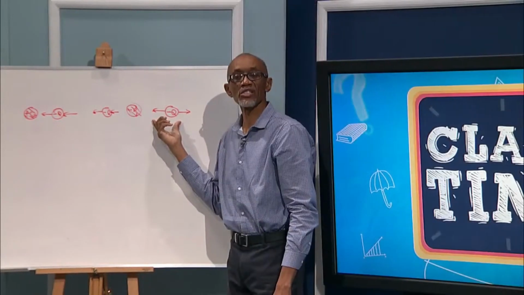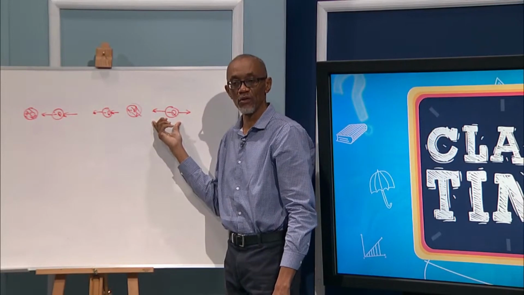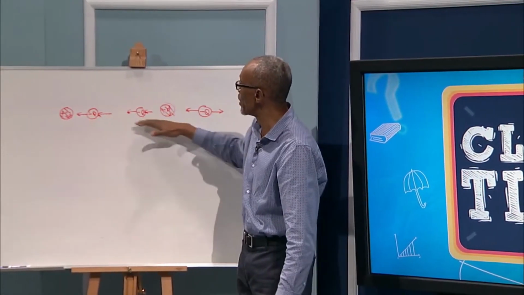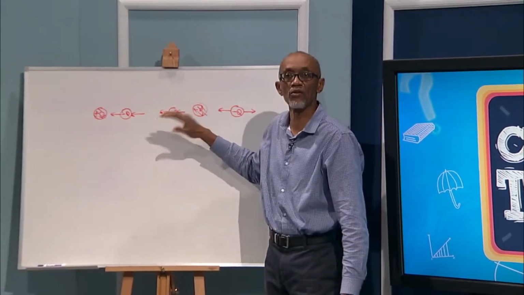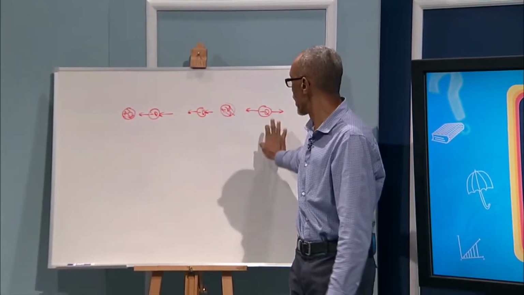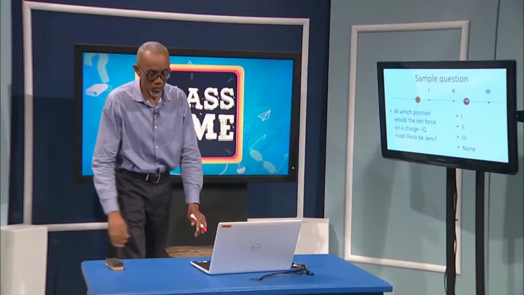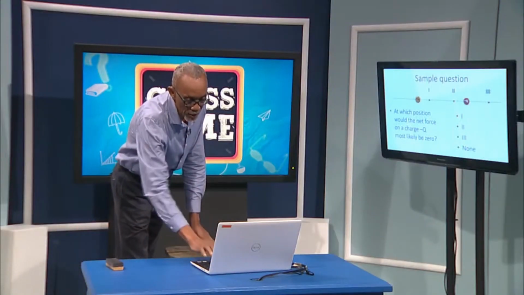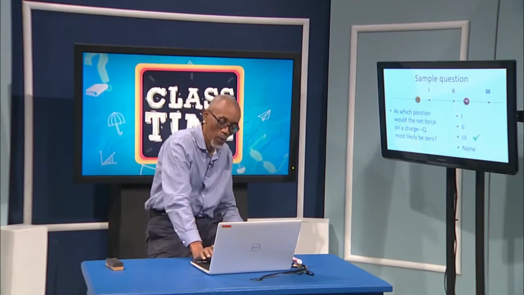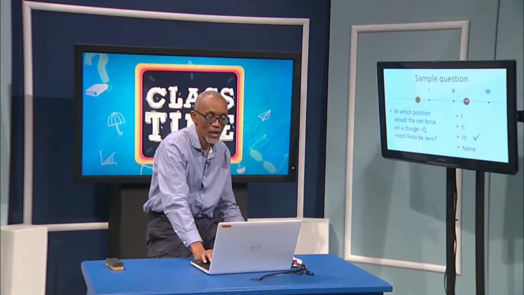So this is most likely to be 0. It doesn't have to be, but it is most likely. The positions in between the 2 charges can never be 0 because the forces are always in the same direction. So here is more likely 0.